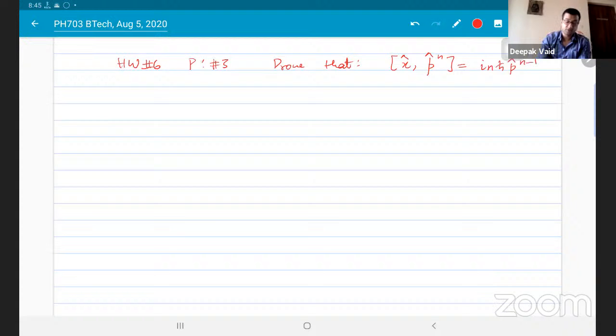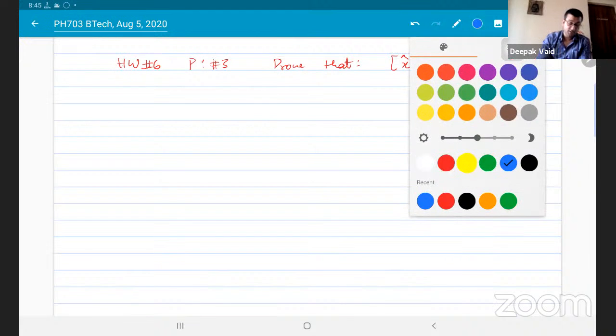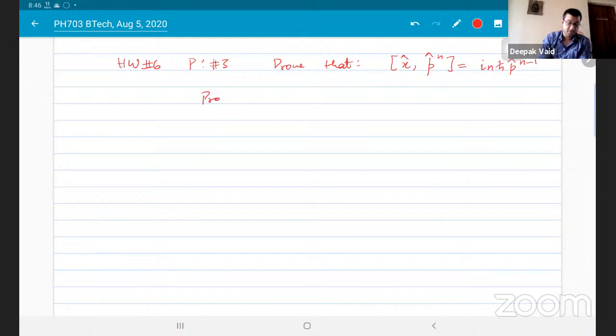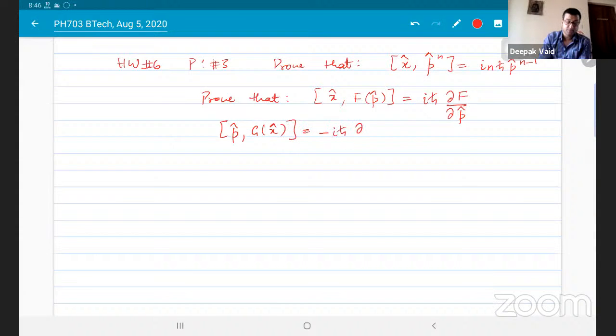This is very similar to the question I gave you in the quiz for A and A dagger. And then using this, also prove that the commutator of x and some function of p, f, is equal to i h bar df by dp. And similarly, the commutator of p with some function g of x will give you minus i h bar dg by dx.